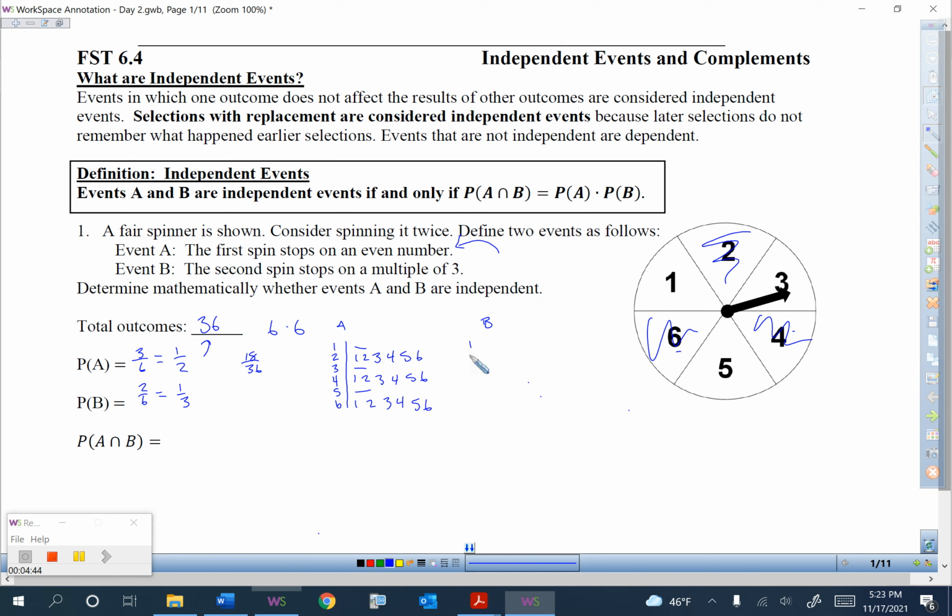So again, 1, 2, 3, 4, 5, 6, and we're going to fill out what works. The second spin has to be a multiple of 3. So the first spin could be a 1 as long as it goes with 3 or 6. The second one, same thing. As long as it goes with 3 or 6, it's going to work. And then we're going to fill out the rest with that same pattern.